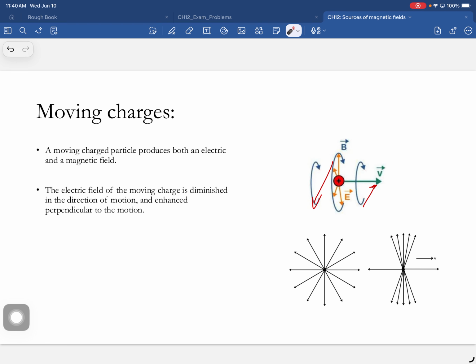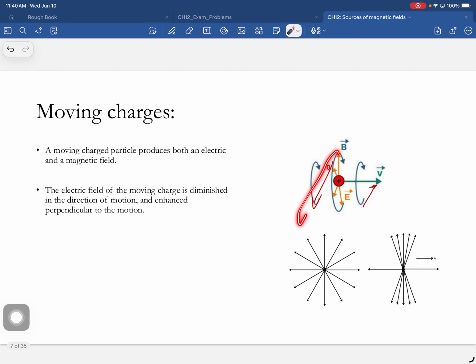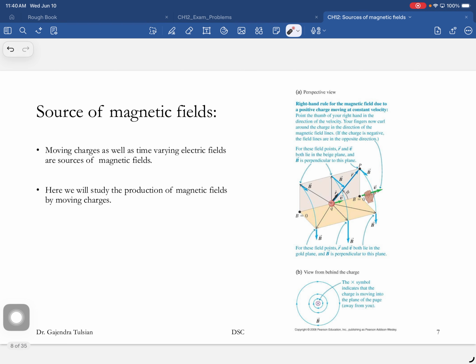All right. So now let's start talking about the magnetic field. Again, in this diagram, the magnetic field direction is like that. All right, so moving charges as well as time varying electric fields produce magnetic fields. We're just going to talk about magnetic fields produced by moving charges.